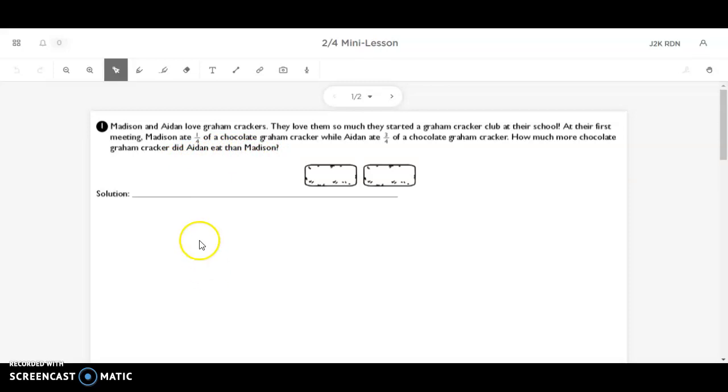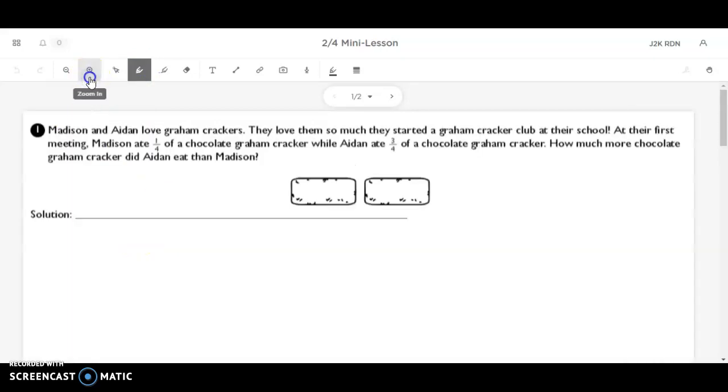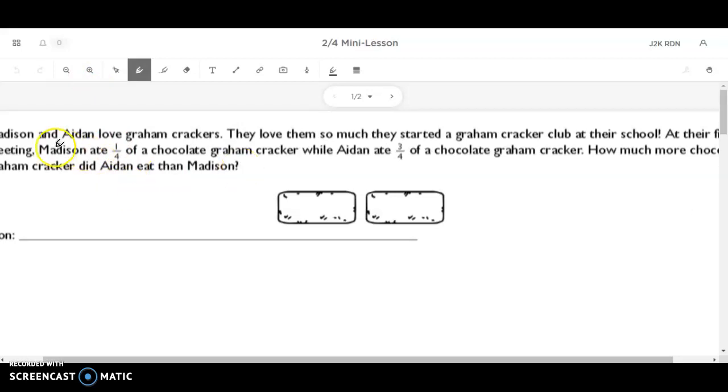So, the way that we have been learning has been, let's first model it. Let's first make sure we have a picture of it. I'm going to zoom in a little bit. And what happened in our story? In our story, Madison ate 1/4 of a graham cracker, which means, if this is my graham cracker, how many pieces do I need to break it up into?